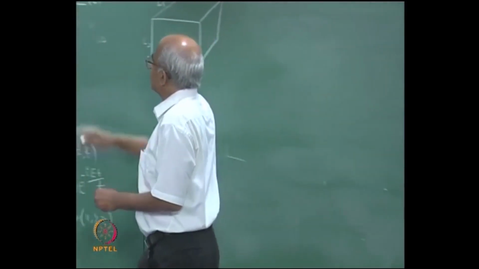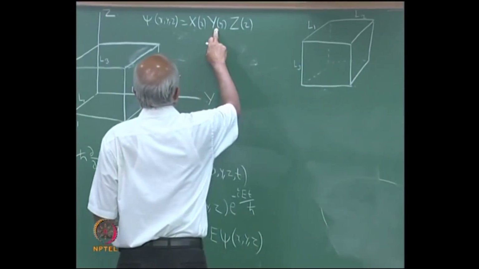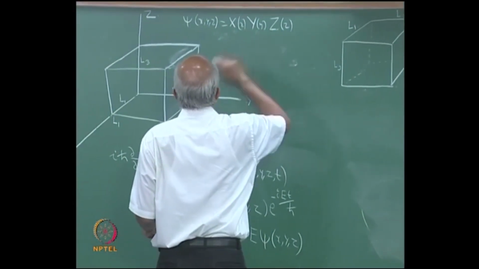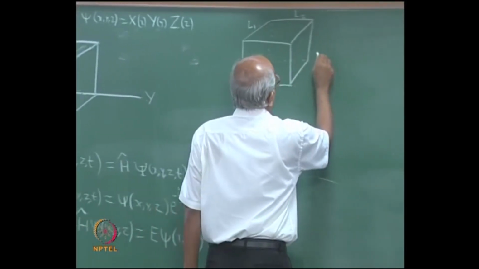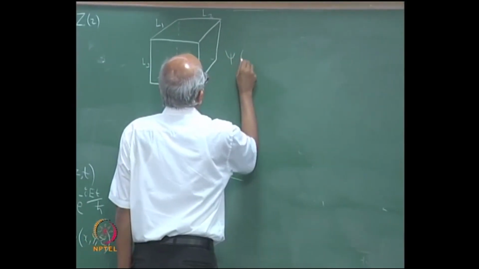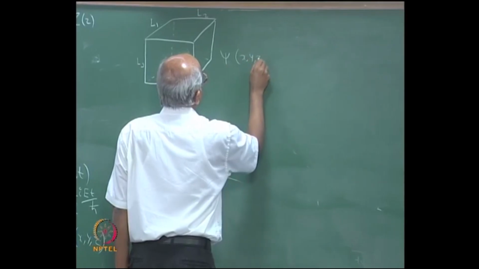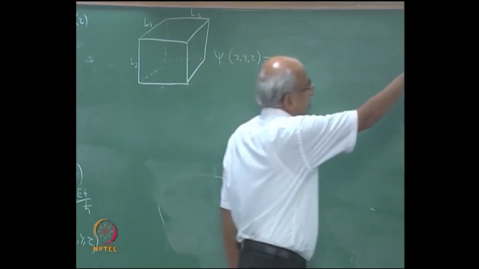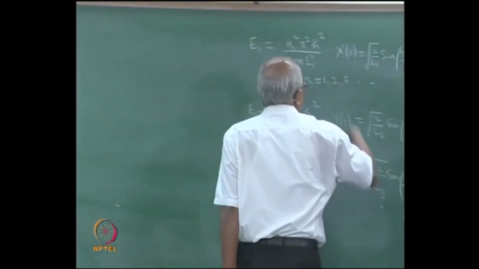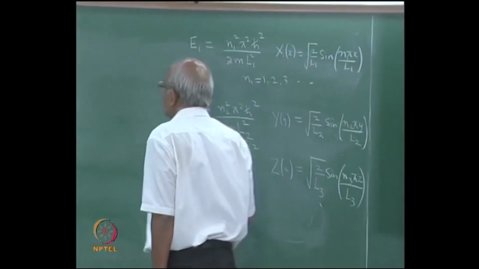The complete solution is actually a product of capital X, capital Y and capital Z. So, I am going to now say that my psi, which is a function of x, y and z, is the product of these three functions. So, let me multiply those three functions.